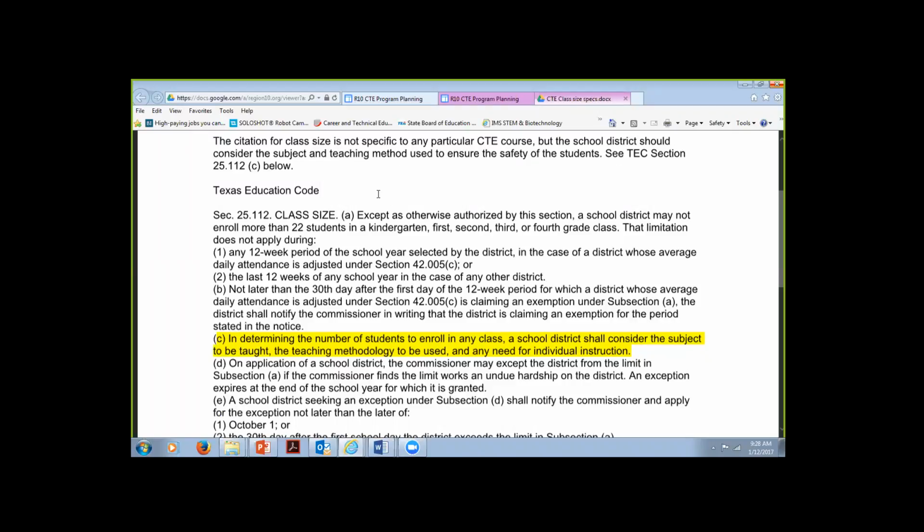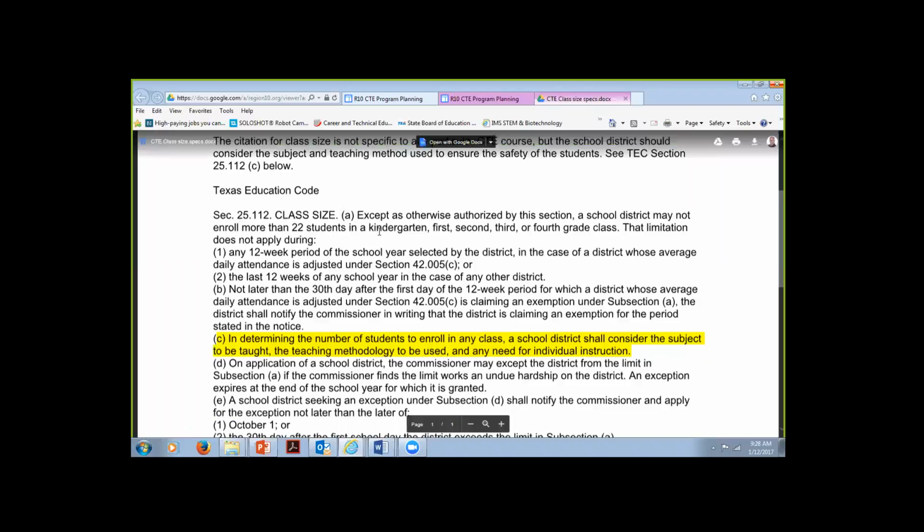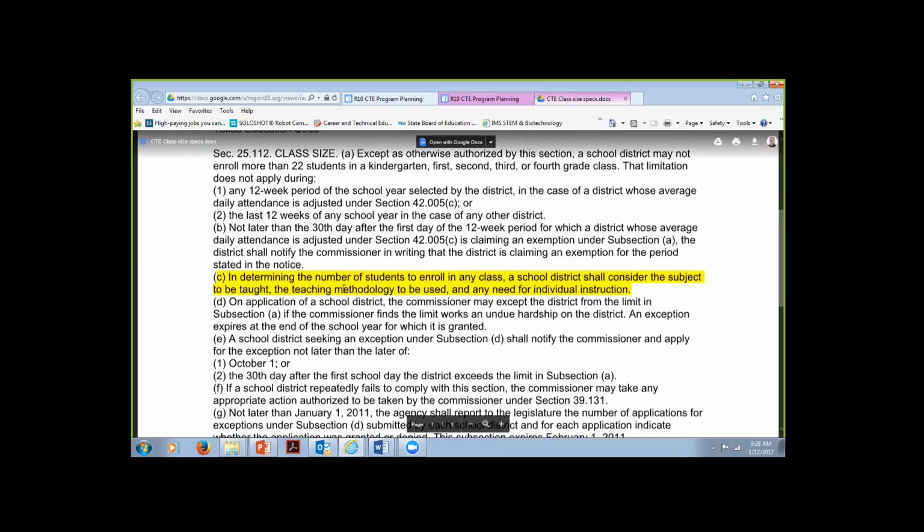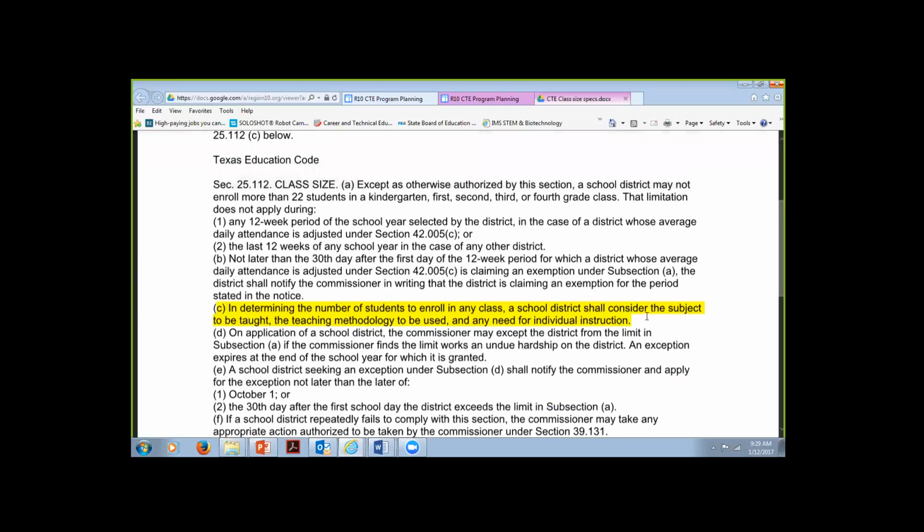If it doesn't support that number of students, that could also be an inhibitor for the number of students you place in a class. Now, except as otherwise authorized, a district may not enroll more than 22 students in 3rd or 4th grade classes. The number of students to enroll in a class depends on the school district and the teaching methodology to be used in any individual instruction.